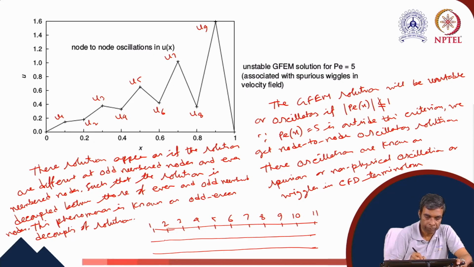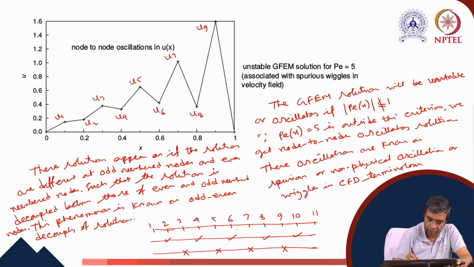So we see that our solutions at nodes 2, 4, 6, 8 and 10, they are high amplitude solutions, whereas the solutions at nodes 3, 5, 7 and 9, they are low amplitude solutions.